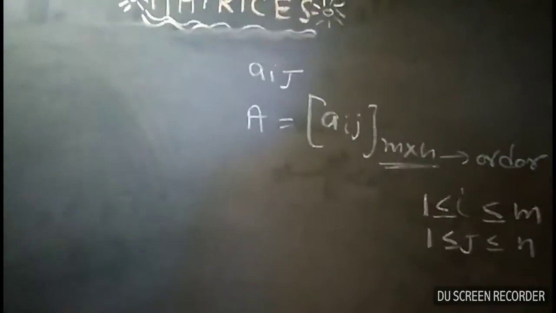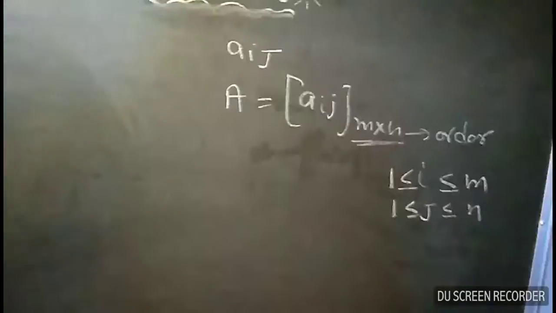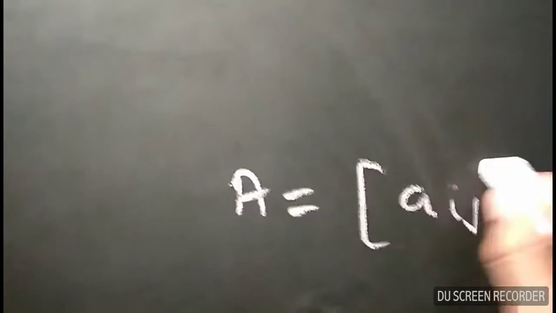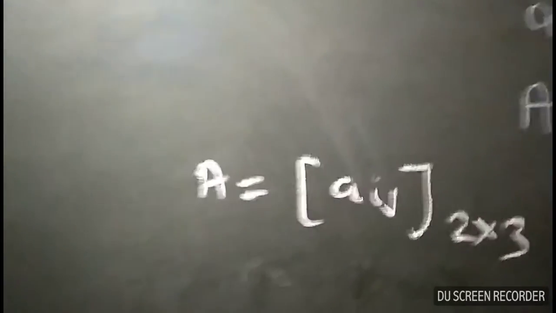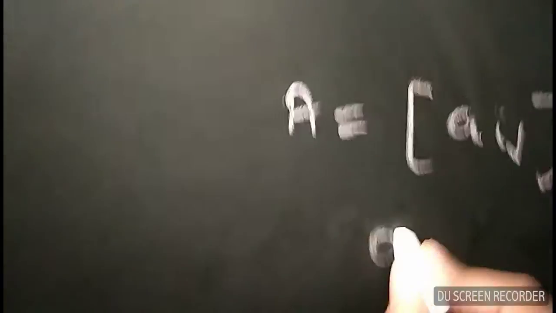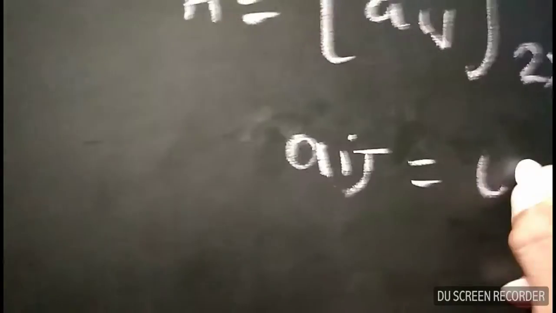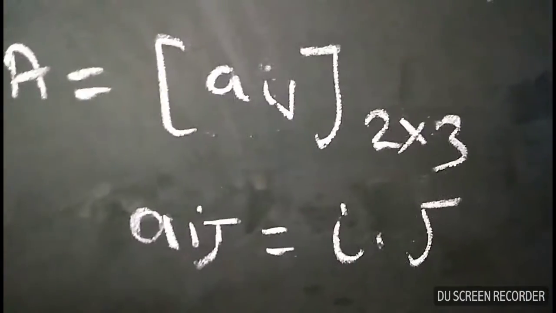1 to n. Now let us see an example of a matrix of order 2 cross 3, that is a matrix A equal to Aij of order 2 cross 3. The matrix A is defined as A of ij equal to i dot j.